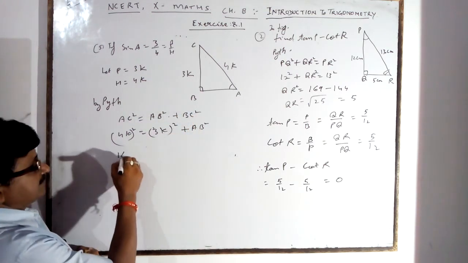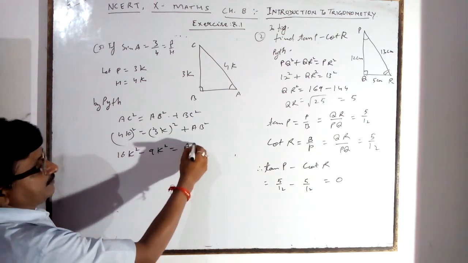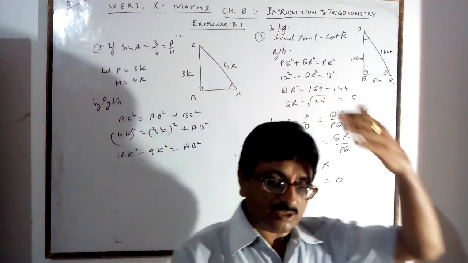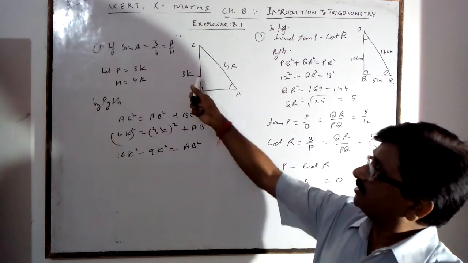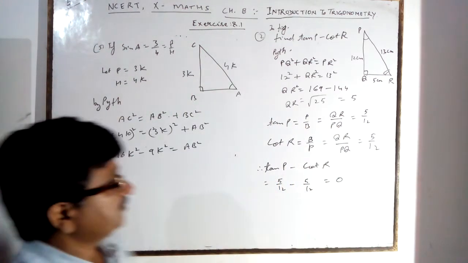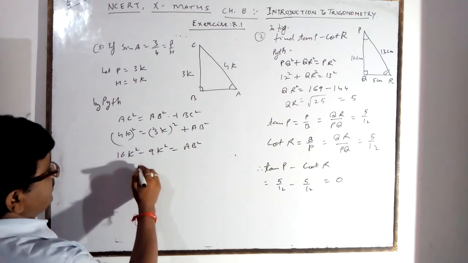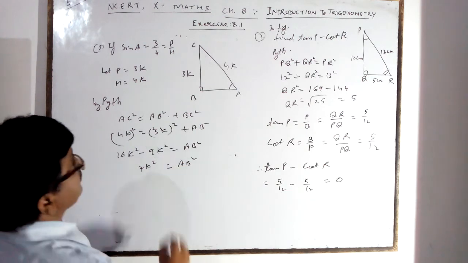So 16K square minus 9K square is equal to AB square. You can write without K also, because in the ratios this proportionality constant will be cancelled. So very carefully you will do this. What will you get here? 7K square is equal to AB square.